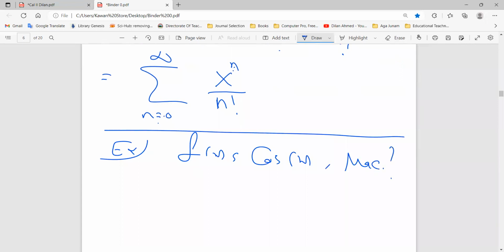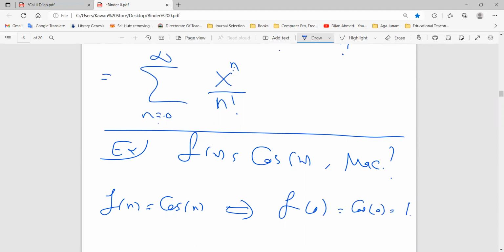Tell me, and I'm going to write with you. So f of x is equal to cosine of x, yeah? f of 0 is cosine of 0, right?